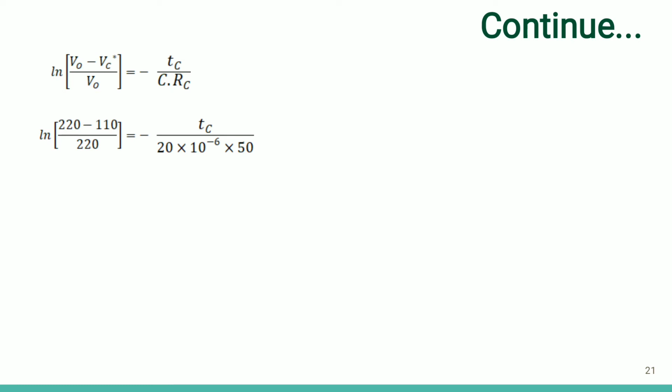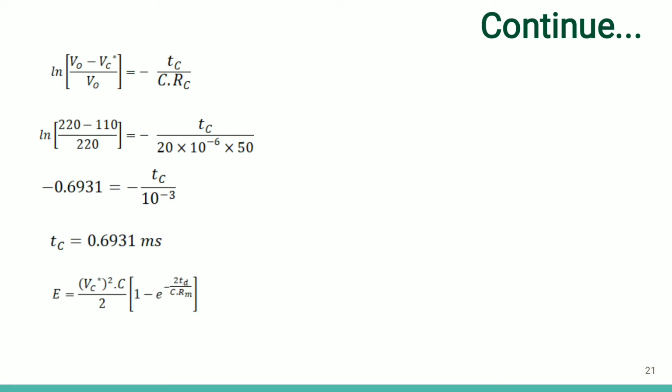Because V naught is given, that is 220, and Vc star is 110 volt, and C is 20 microfarad, so 20 into 10 raised to power minus 6, and the value of Rc, that is the charging resistance, is 50 ohm. When you calculate it, you will get the value 0.6931 millisecond.